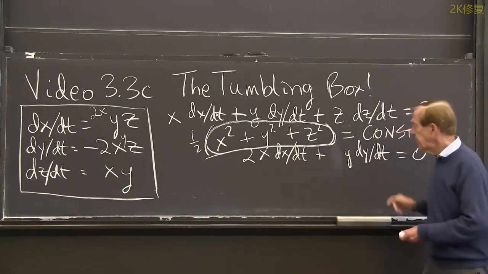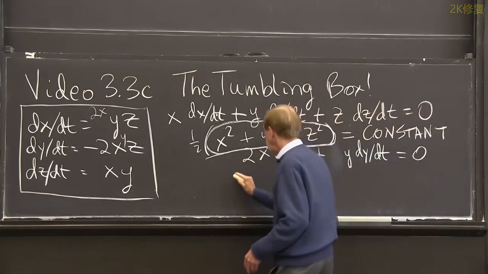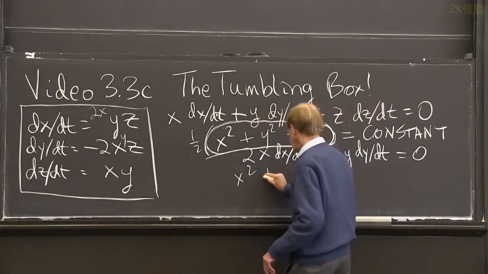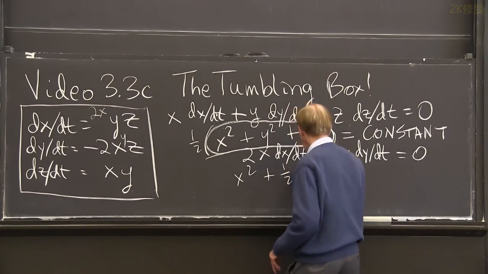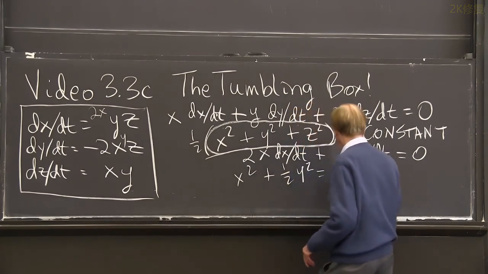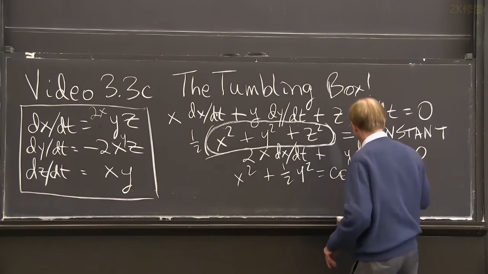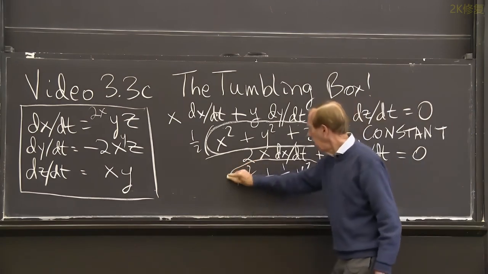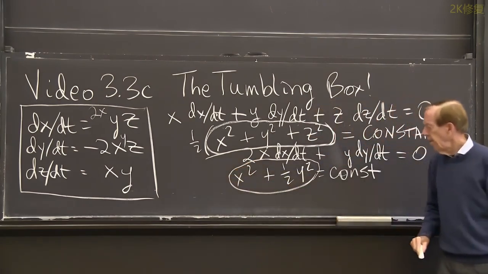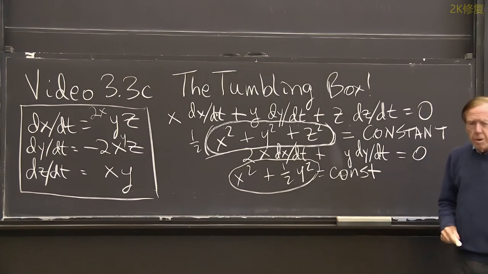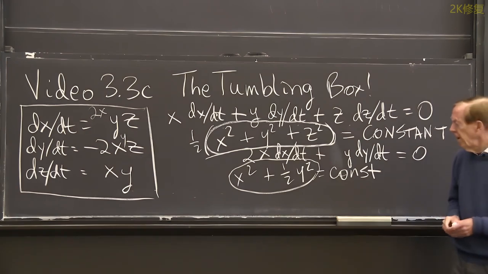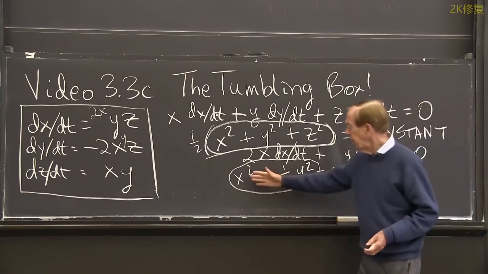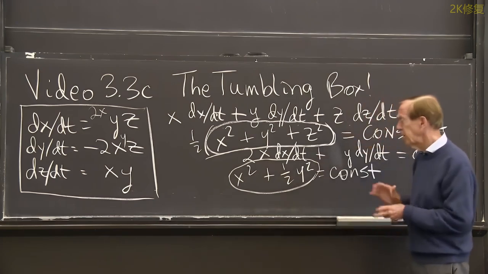The derivative of something, and that something is x squared plus 1/2 y squared, is a constant. Another nice fact. Another quantity that's conserved. As I'm flying around in space, this quantity x squared plus 1/2 y squared does not change.